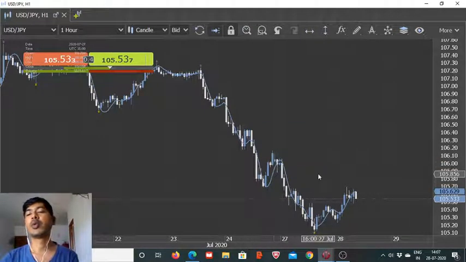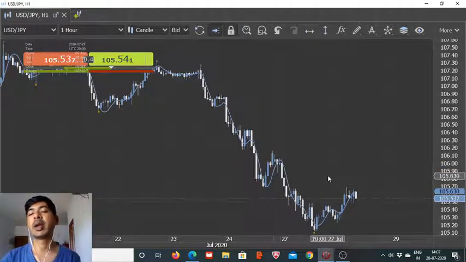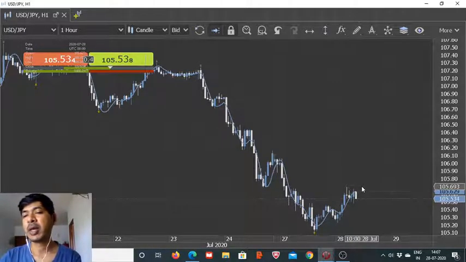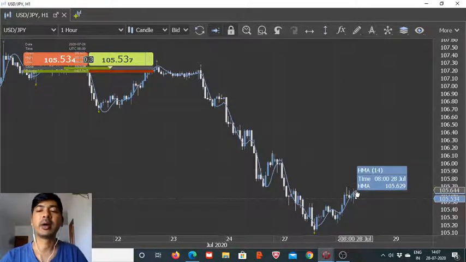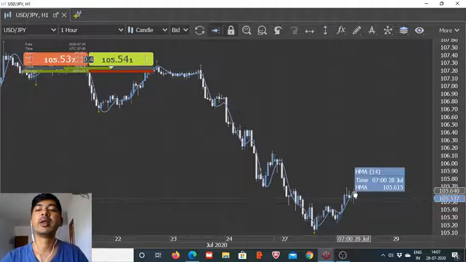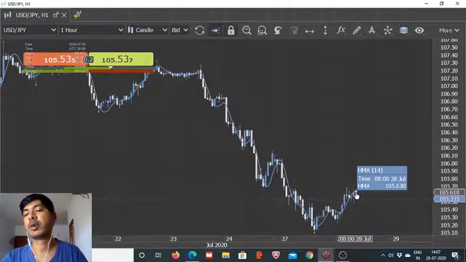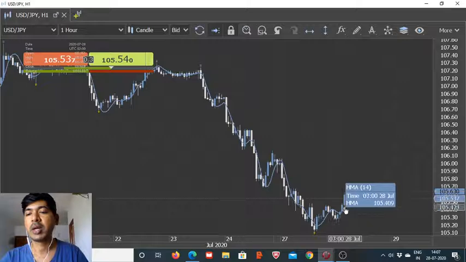Suppose you want to go back and get the value 10 hours back, then all you have to do is write 10 in the shift variable, and the algorithm will be considering the value 10 hours back. So suppose we put shift 10, then we will be looking back at 22 GMT of 27th July.